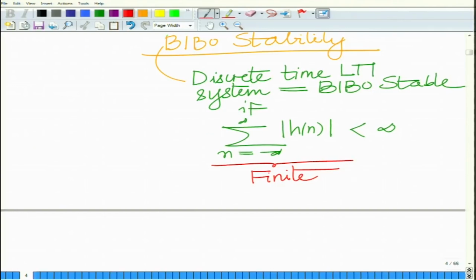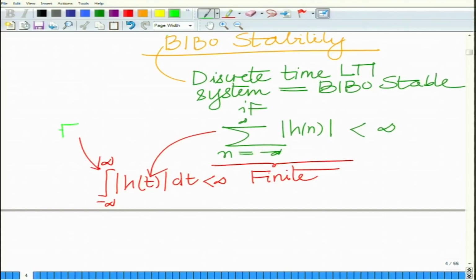Remember, for a continuous time LTI system, the required condition is that the integral from minus infinity to infinity of magnitude h of t dt is finite.